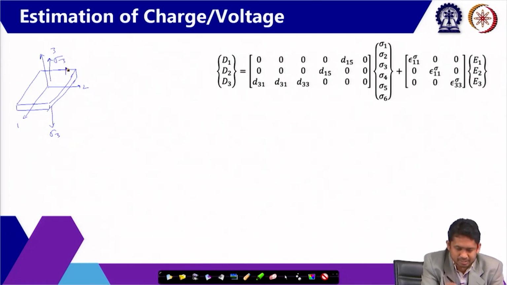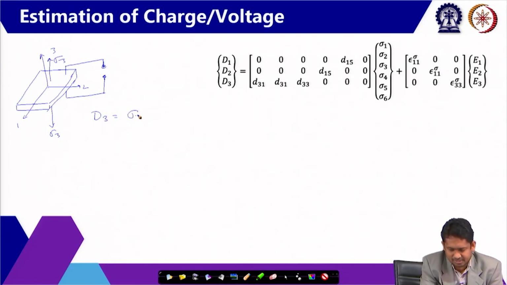And again the voltage is measured across the third direction, third axis. In this case, my D3 expression is sigma 3 multiplied by d33.